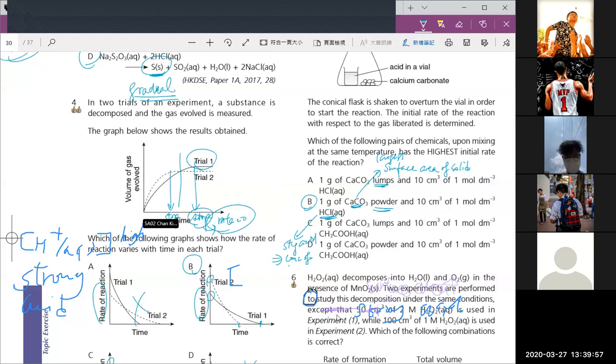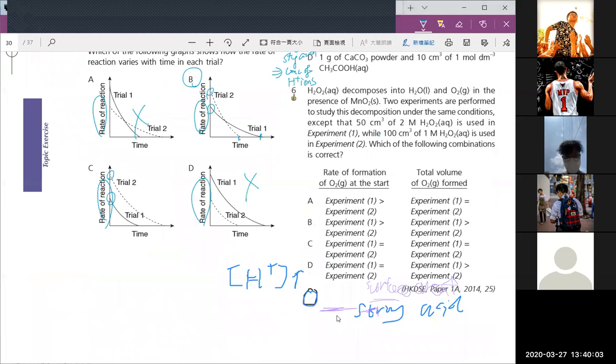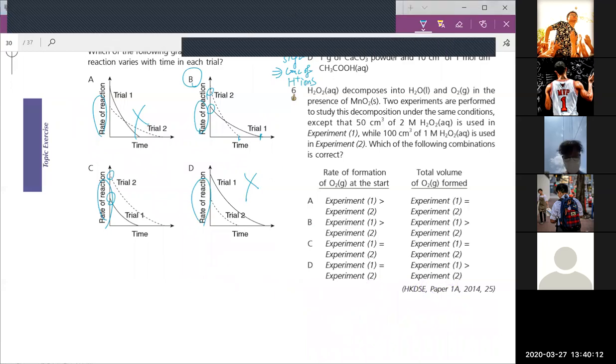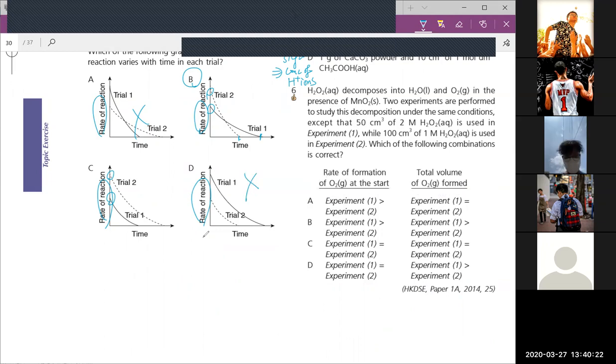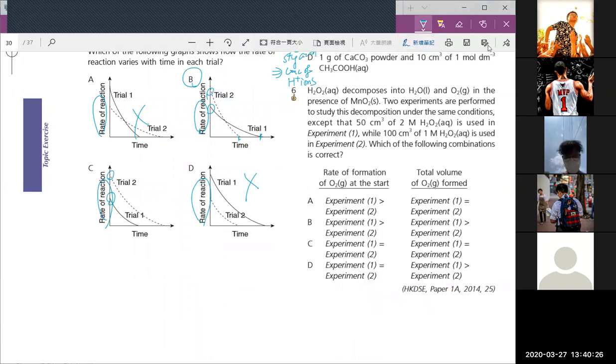So this is question 5. Question 6. H2O2 decomposed, blah, blah, blah, okay? So I will find some other people to answer this question. Question 6. The decomposition of hydrogen peroxide.